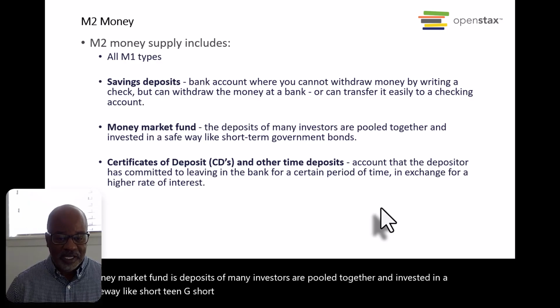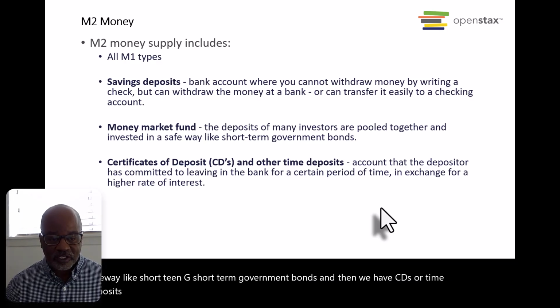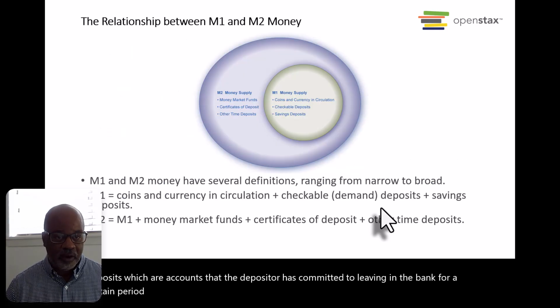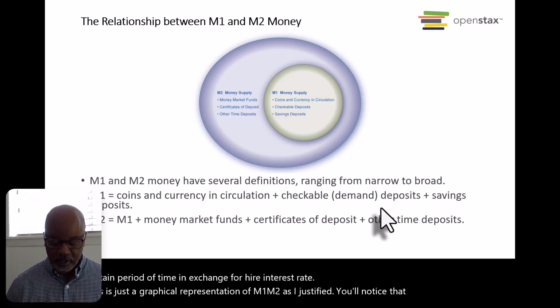And then we have CDs or time deposits, which are accounts that the depositor has committed to leaving in the bank for a certain period of time in exchange for a higher interest rate. This is just a graphical representation of M1 and M2 as I just defined. You'll notice that M1 is a component of M2.